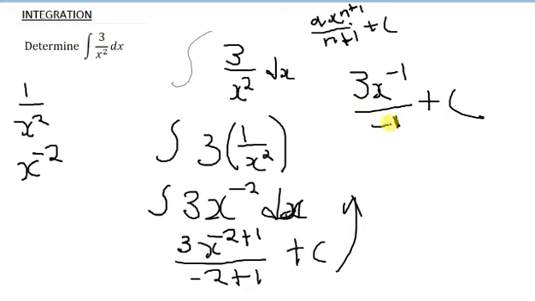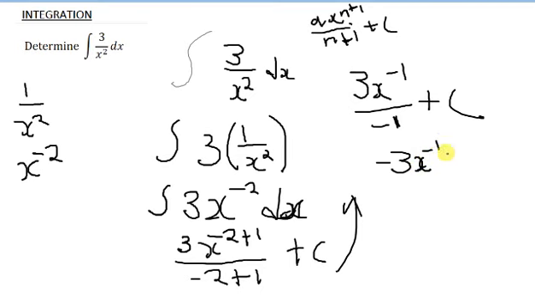This fraction is an improper fraction, of course, so we are simply going to say negative 1 into that. This will give us the whole number negative 1, into 3 there, which gives negative 3 x to the power negative 1 plus c.